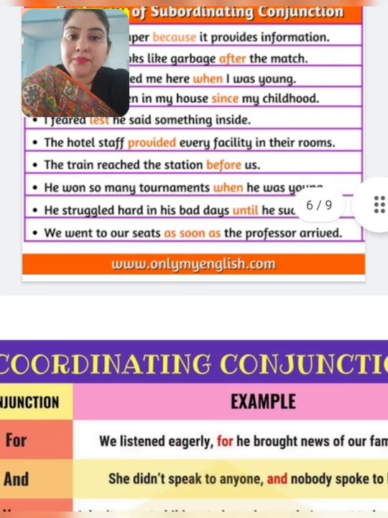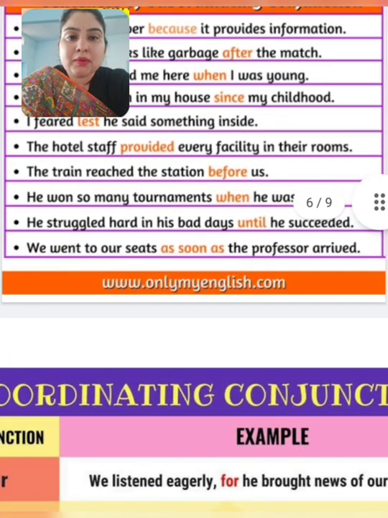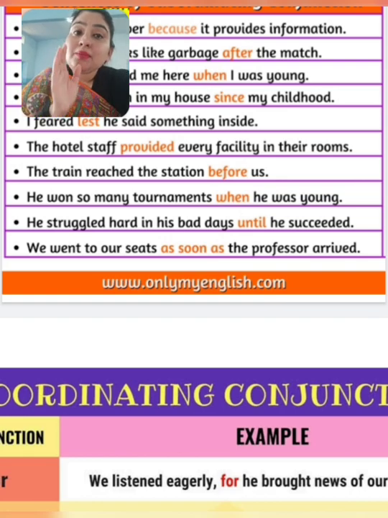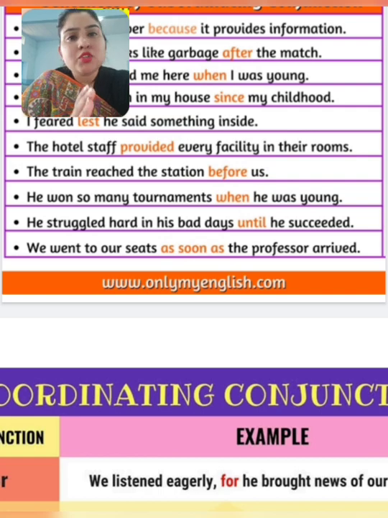Now see here. I read a newspaper because it provides information. So अगर हम इस sentence को तोड़ते हैं, because से पहले तक I read a newspaper, ये independent clause है. Independent मतलब इसको किसी की ज़रूरत नहीं है. It doesn't require any other information. Right? It is simply saying that I read a newspaper.